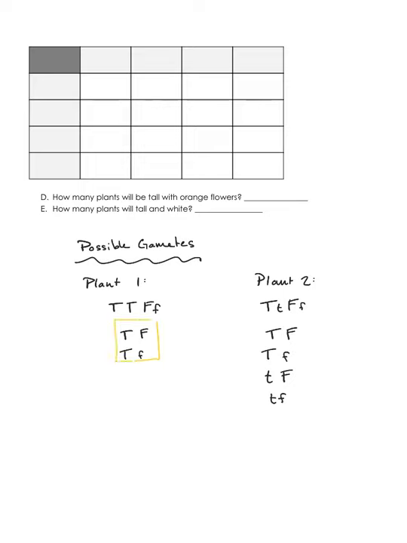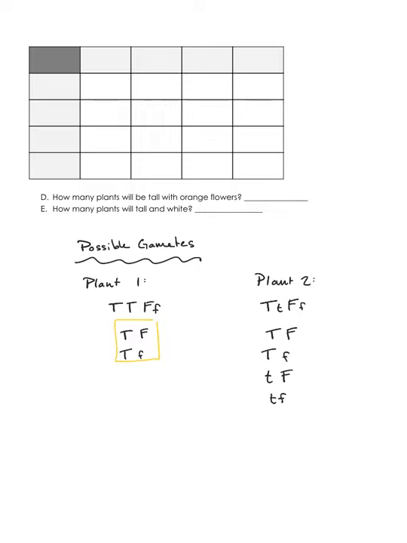That's because capital T and capital F can go together, and then capital T and small f can go together. And if we do that same thing with the second letter T, it gives us the same thing, capital T, capital F, and capital T, small f. And so rather than filling in all 16 boxes in my Punnett square, I just know that I don't have to repeat that.